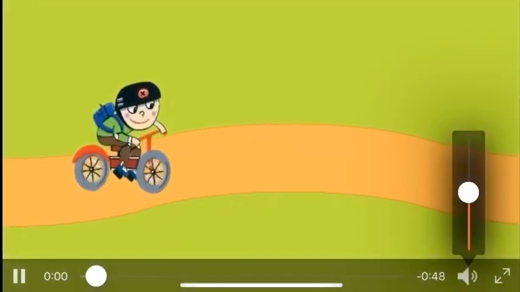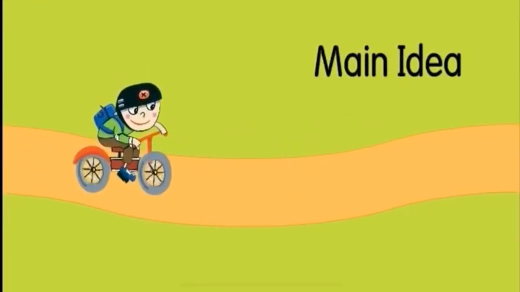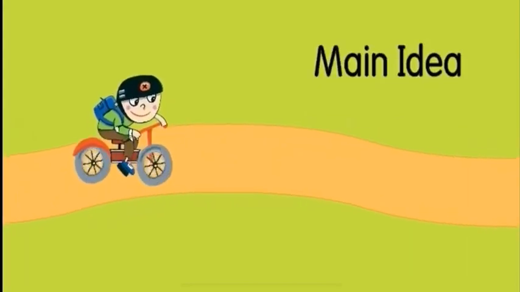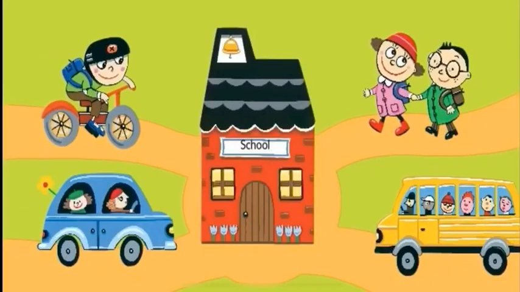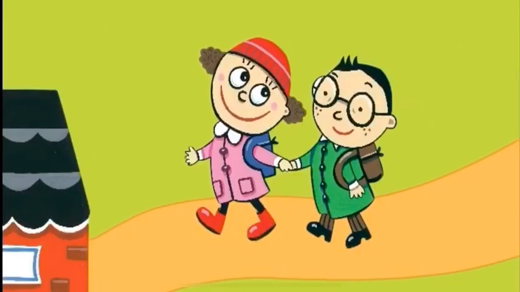Every story tells about something. The main idea or theme is what the story is all about. It's the idea that connects everything in the story. What is going on here? It looks like everyone is going to school. I ride my bike. We walk to school.